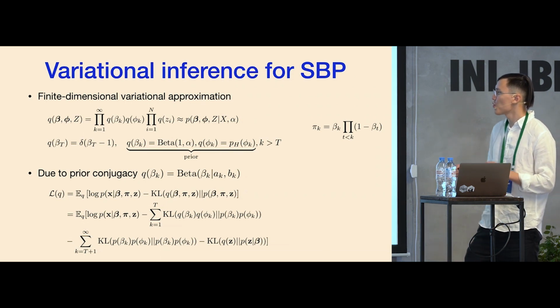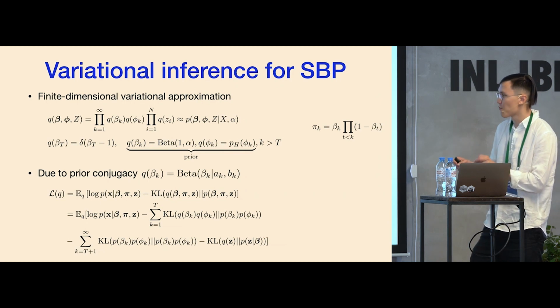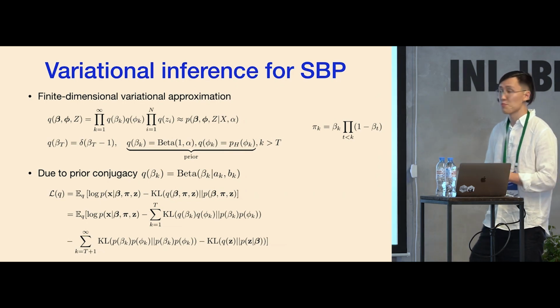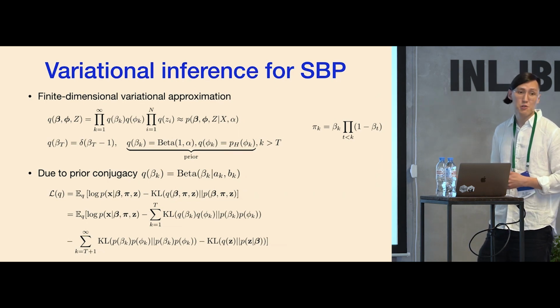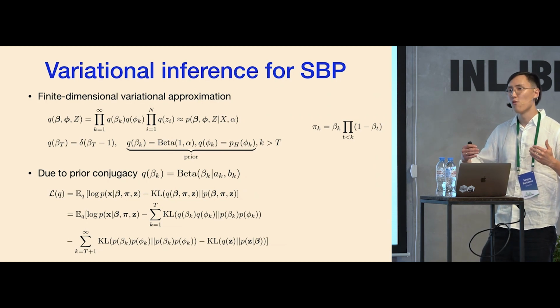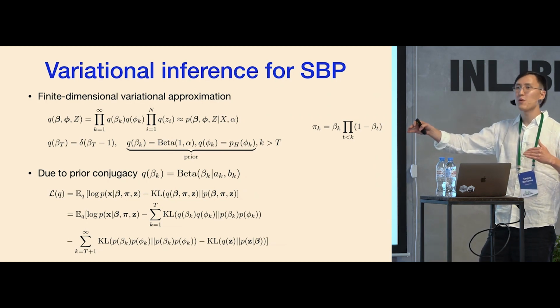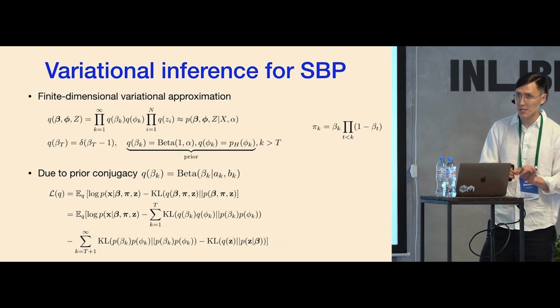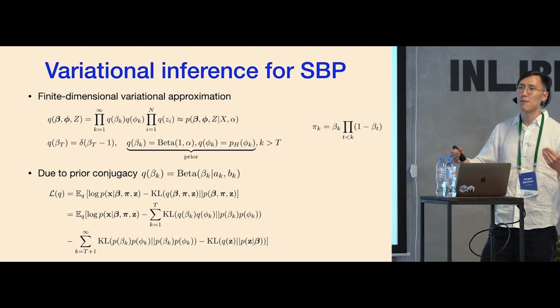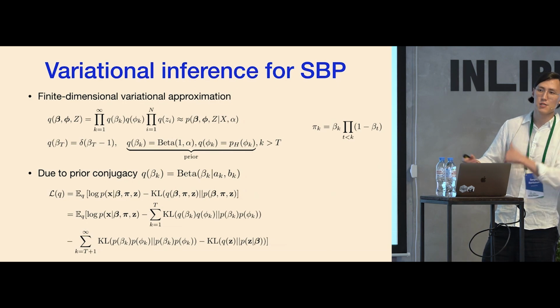Because we set Q, the posterior for all succeeding clusters, to the prior, this KL divergence is 0, and we don't need to compute it. So even though our original model was infinite dimensional, when we're doing variational inference for this infinite dimensional model, we can use a finite number of dimensions. Does this answer your question?